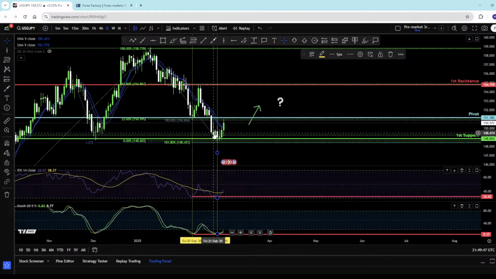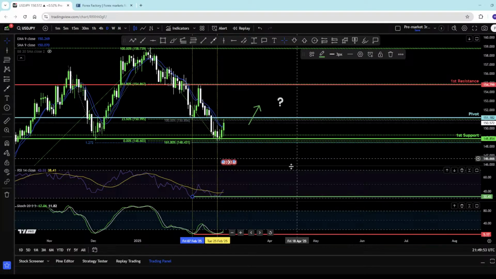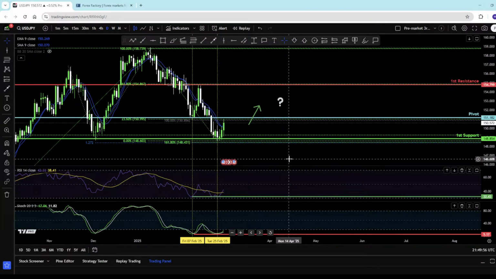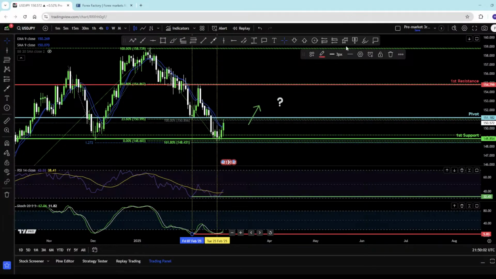So on the RSI and stochastic, they are both giving us a hidden support level.